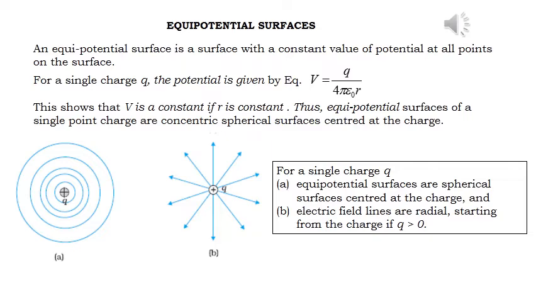So with respect to a single charge, the spherical surfaces or concentric spheres are considered equipotential surfaces, whether it is a single positive charge or a single negative charge.